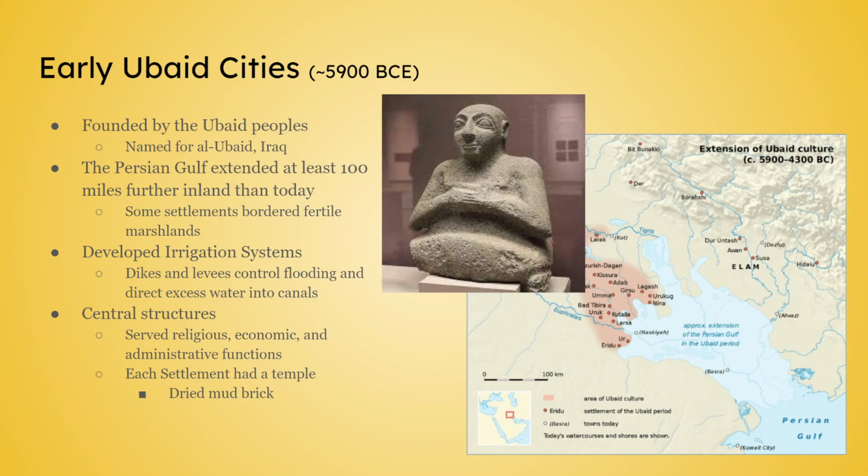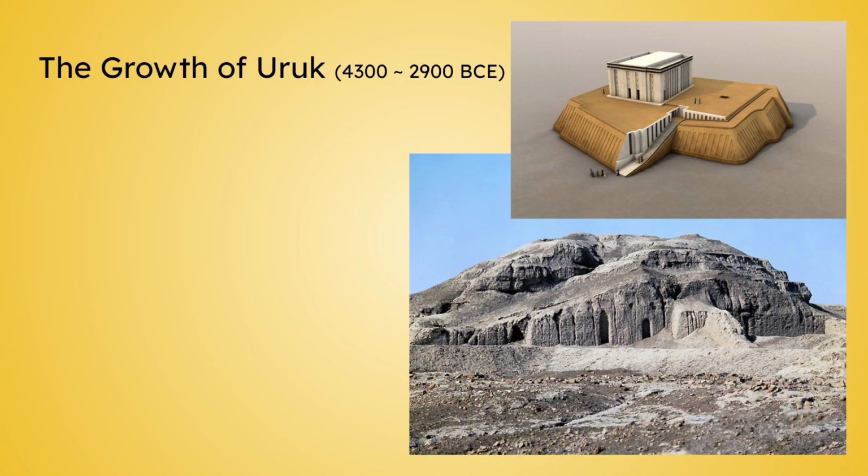As we talked about, with the mud flats, there's an abundance of mud, so they would create bricks from this, lay them out in the sun, and they would be able to be used in architecture. And these temples would actually act as storehouses as well, and it's presumed to have started from shrines that eventually grew into larger architectural projects, which leads us to the growth of Uruk.